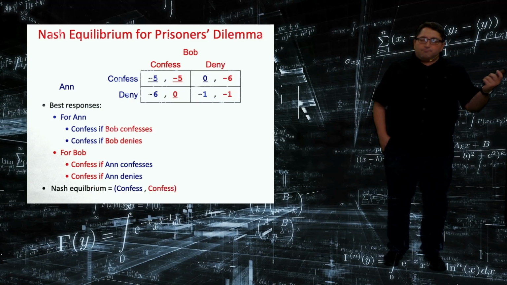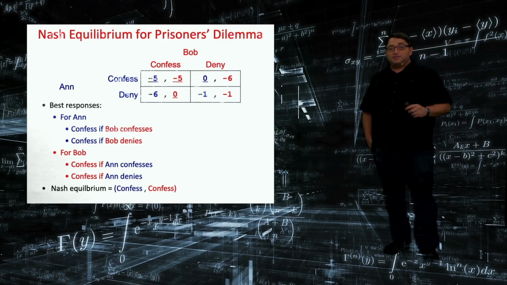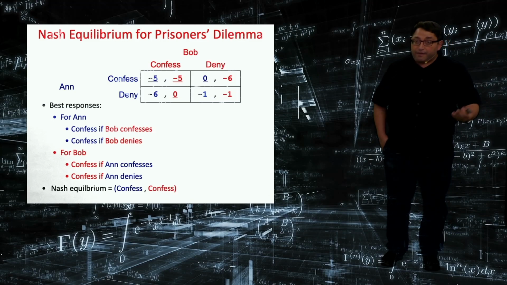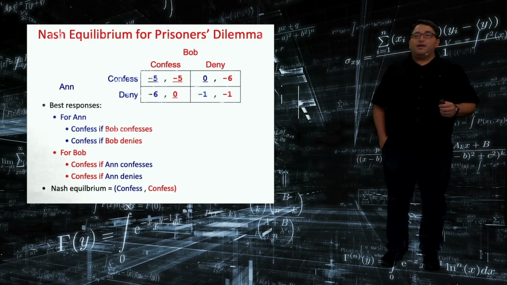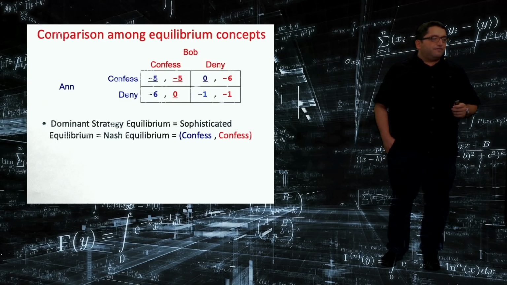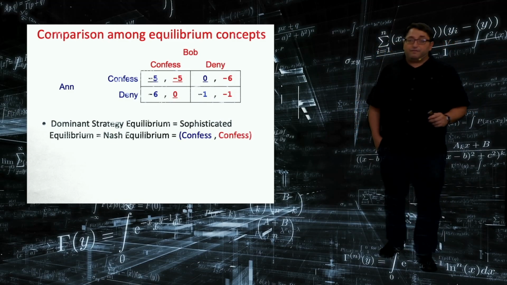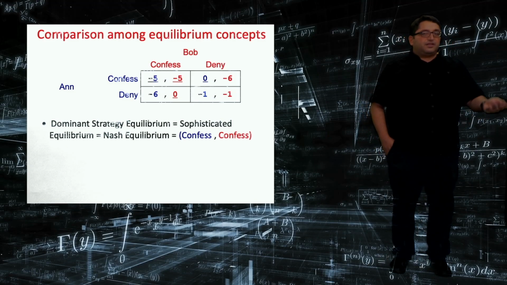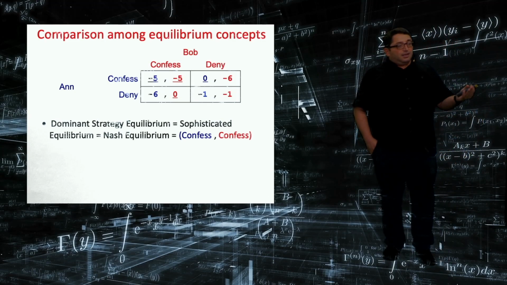Remember the dominant strategy equilibrium, where we find whether a strategy is dominating every other strategy. We saw that in the prisoner's dilemma, for both Anne and Bob, confess is the dominant strategy. So if you find the dominant strategy equilibrium, then we get exactly the same outcome, confess and confess. Let's move to the second equilibrium concept, which is sophisticated equilibrium, where we eliminate dominated strategies.